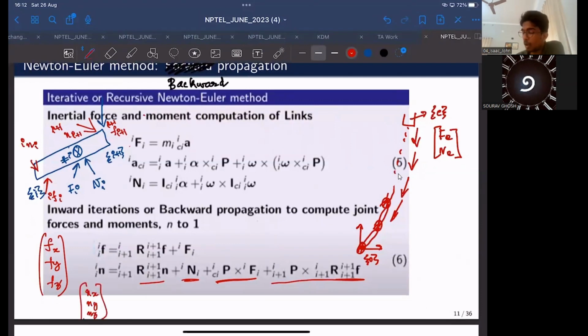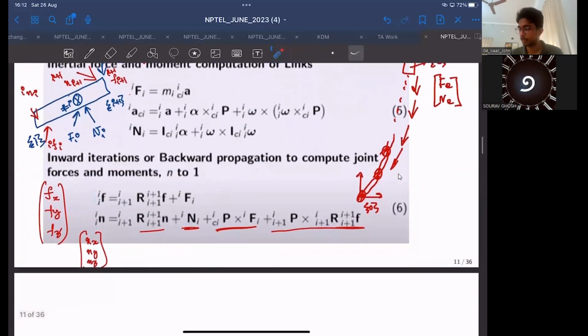And since these are all expressed with respect to the current frame, if we are interested in finding the joint forces acting at that particular joint, we only need to extract fz or nz, because by DH convention, the Z axis always aligns with the joint axis. So if the joint is a rotary joint, we only have to extract the nz term to find the joint torque. If the joint is a prismatic joint, we only have to extract the force term, fz.